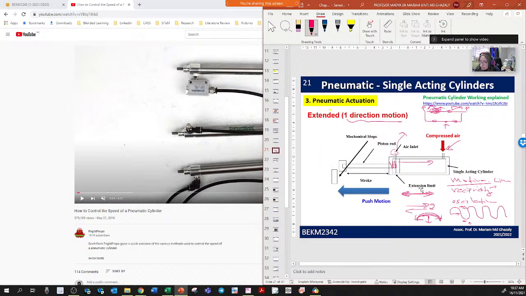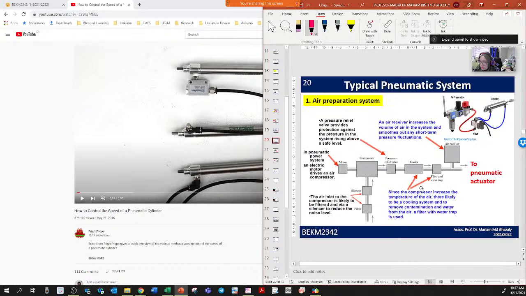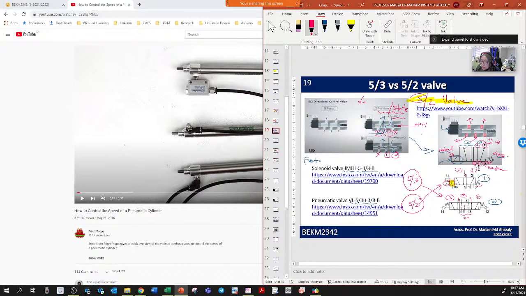If you look at the 5/2, 5/3, where was the slide? Okay, 5/2, 5/3, you have the exhaust valve at the end here. That exhaust valve is important for you to control the speed. So if you have a valve like 5/2 and 5/3, basically you can control the speed.